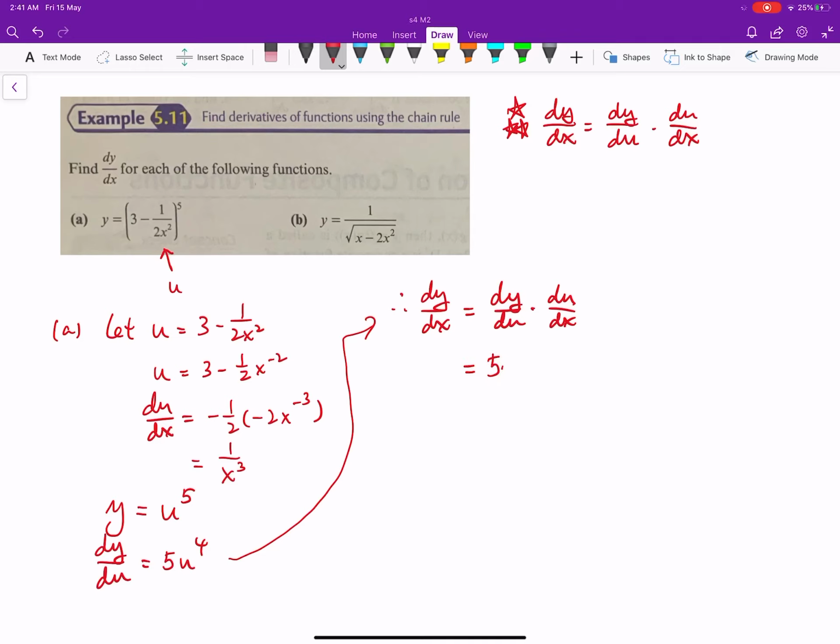So we have this, we just put everything in terms of x, because bear in mind this is dy/dx, so u should not appear in the answer. So we need to change the u to x. So u to the power 4 becomes this one. Okay, so this is the answer already. Okay, get it? And then now we go to part B.